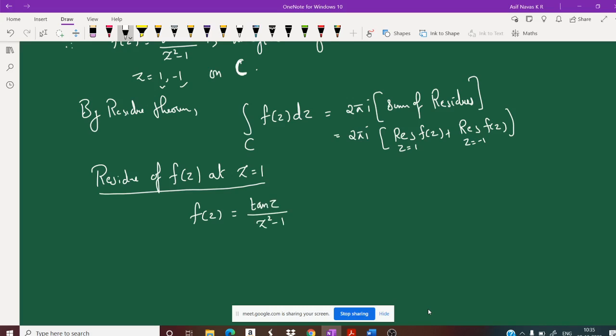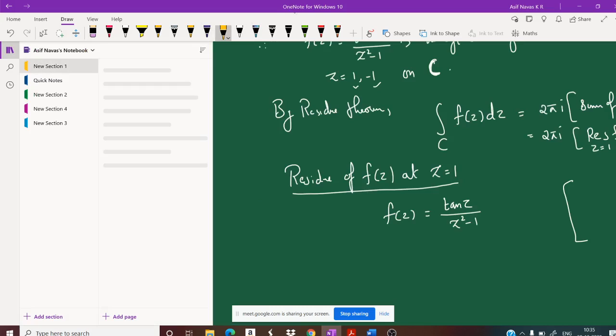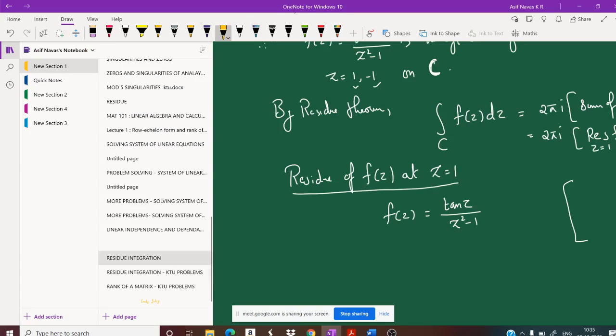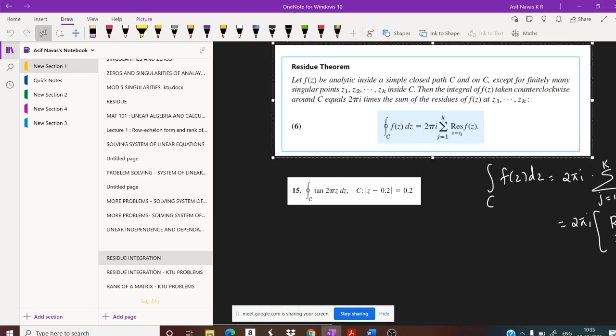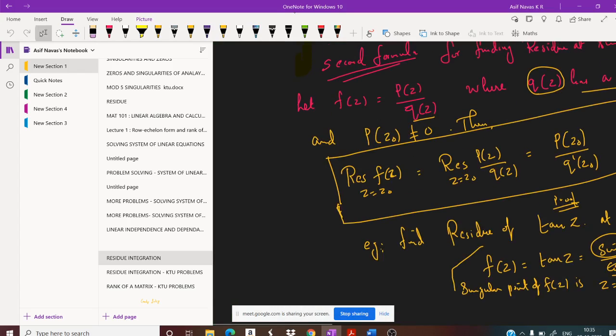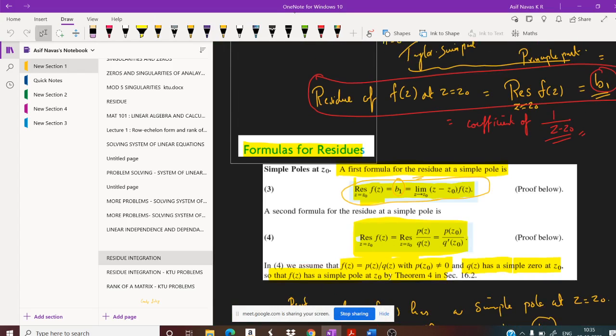So yesterday we studied a formula, right? Let us recall yesterday's formula. This formula is very easy.